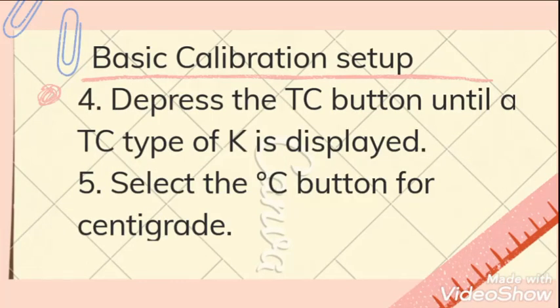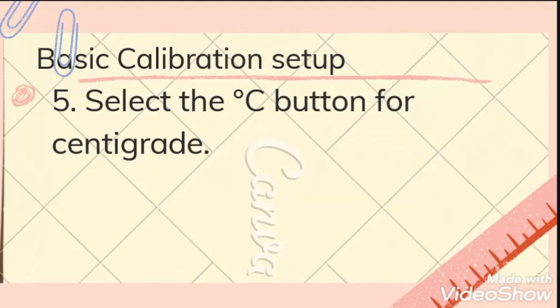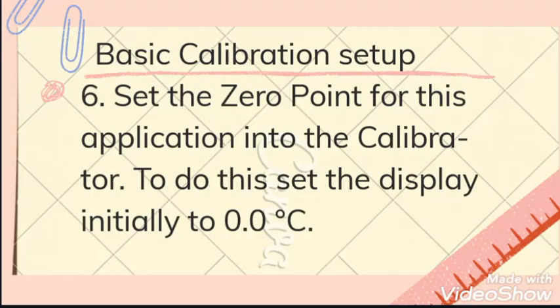Then we will press the thermocouple button until a thermocouple type, whether it is K, J or any other, is selected. Then we will select the centigrade button, which is our unit of temperature. Usually we select centigrade.